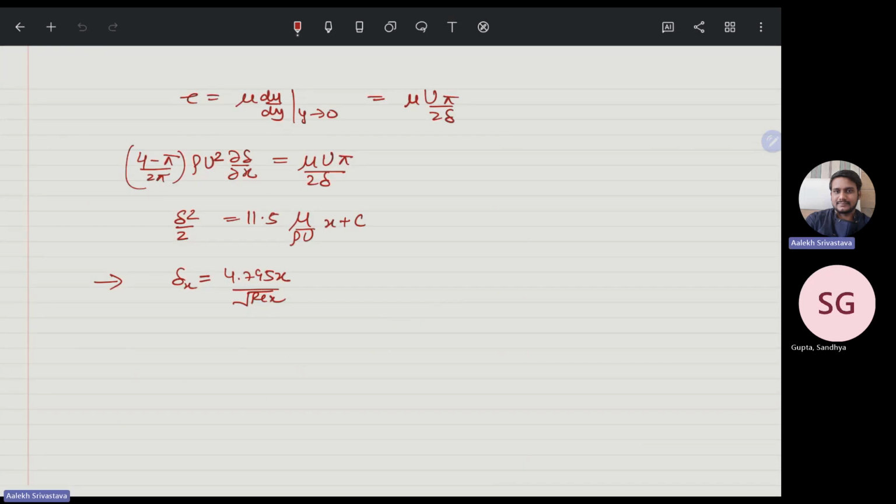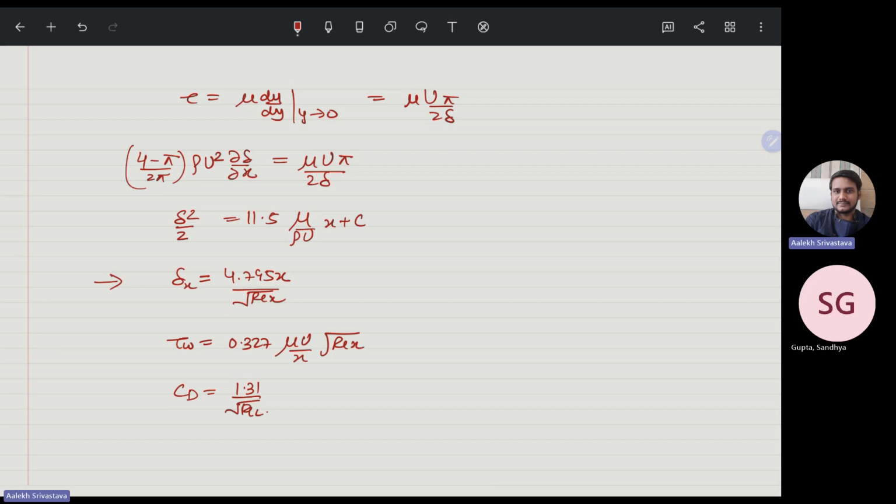And then again you can solve for the tau wall and the force of drag. So tau wall is equal to 0.327 mu u by x under root of Rex, and force of drag is not the main criteria. The main criteria is the coefficient of drag, 1.31 by under root of REL.